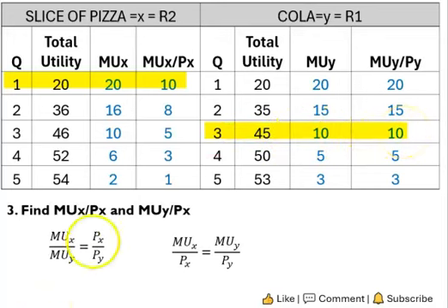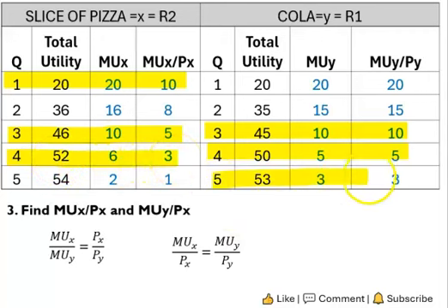What about MUX over PX at 8? Nothing equals it on this side, but we can see that at 3 slices of pizza, MUX over PX is 5, and at 4 collars, we get MUY over PY at 5. And we get the same thing at 4 slices of pizza at 3, and at 5 collars, we get 3.